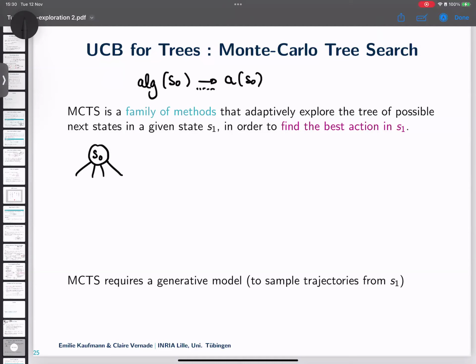So what you do is you first try this action, and then you simulate what is going to happen. So you play an internal game with a default policy. This is going to give you a reward that is random.